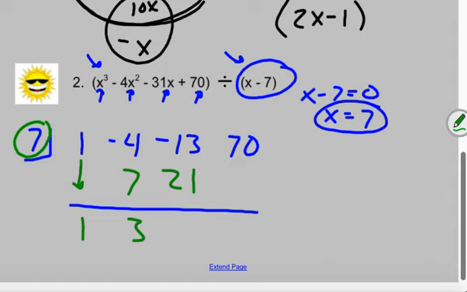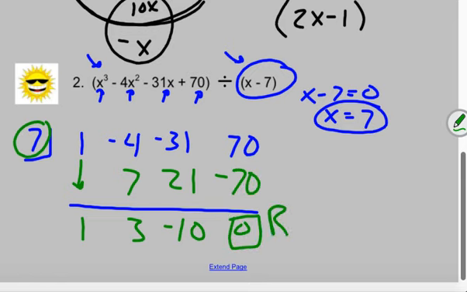And what do we get here? Oh, negative 31. Made a little mistake here, children. A little dyslexic there. That's going to give me negative 10. Negative 10 times 7 is negative 70. They add up to 0. Divides in there evenly. That's kind of nice.